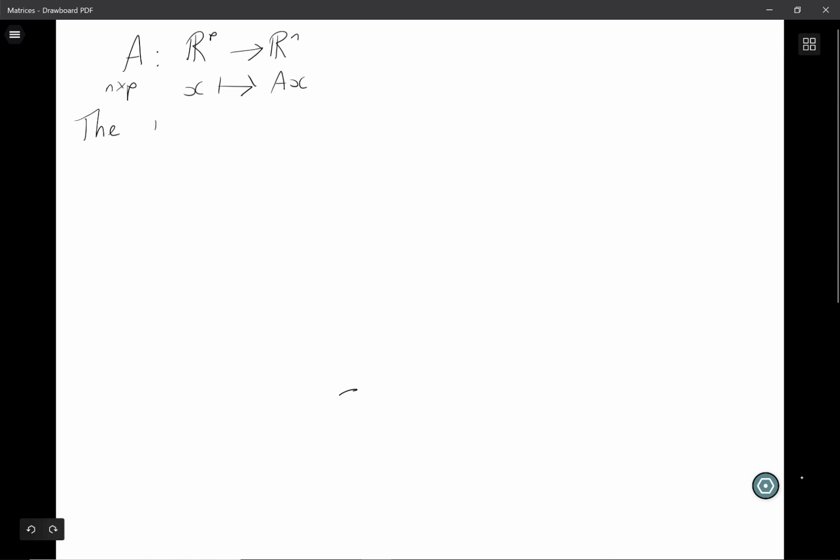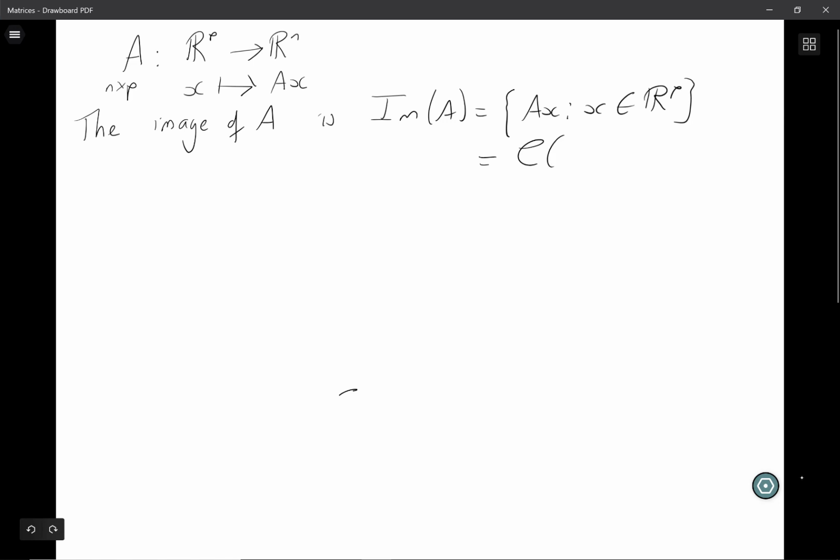We'll talk about the image of A, and that is the set of all vectors A times x for any vector x. Of course, we've already seen this space. We called it the column space. The other space is called the kernel or null space of A.